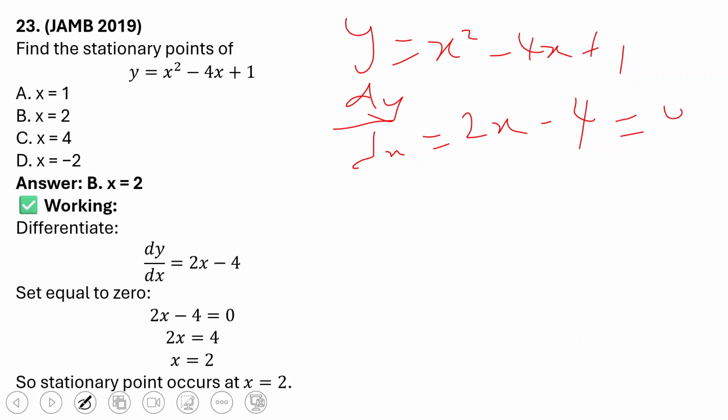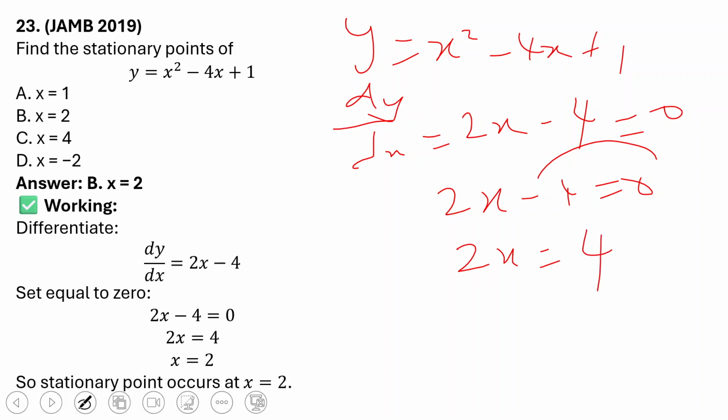Equate this to 0 now. So 2x minus 4 is equal to 0. Minus 4 will go to this side, so you have 2x is equal to plus 4. Divide both sides by 2. X will now be equal to 4 over 2, so x is equal to 2.